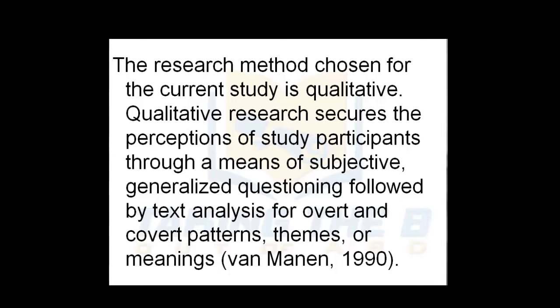Here she's being very upfront, and I like this. She goes on to say qualitative research secures the perceptions of study participants. Remember, qualitative phenomenological studies are about assumptions, beliefs, values, perceptions, and experiences. So we again see the alignment.